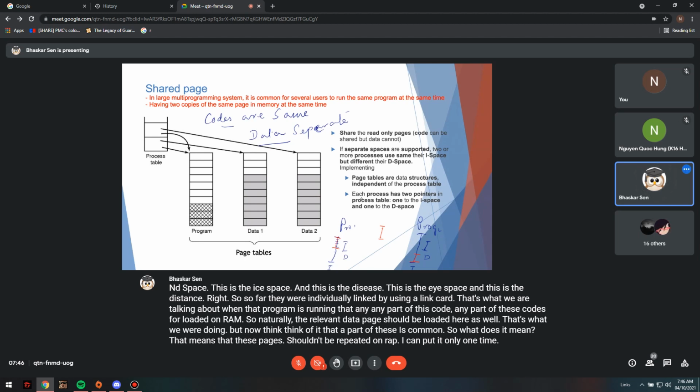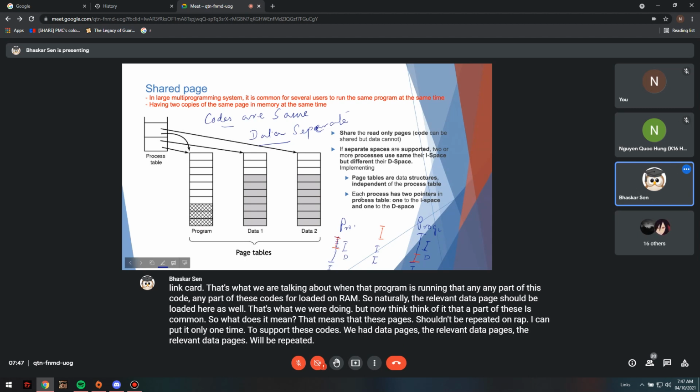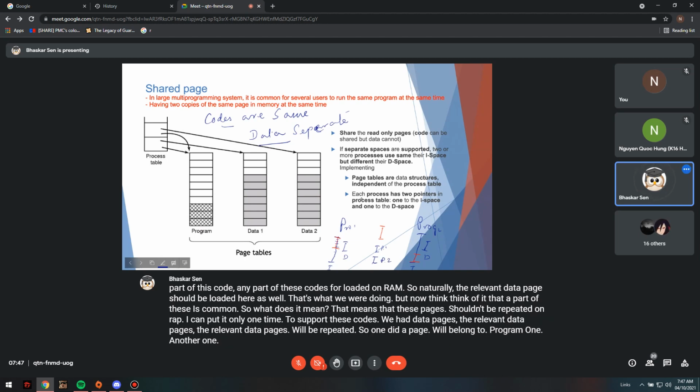And to support these codes, we have the relevant data pages, which will be repeated. So one data page will belong to program 1 and the other one for program 2. But the I space only one time.